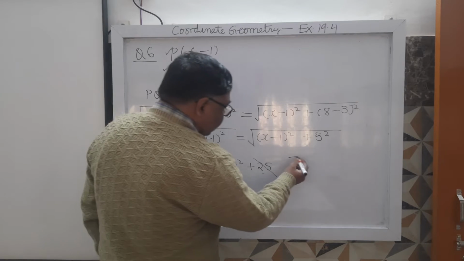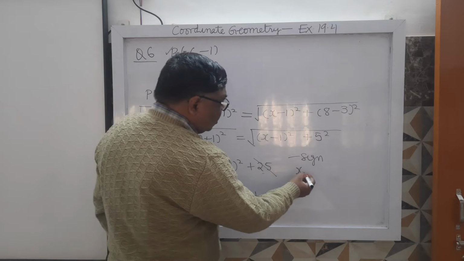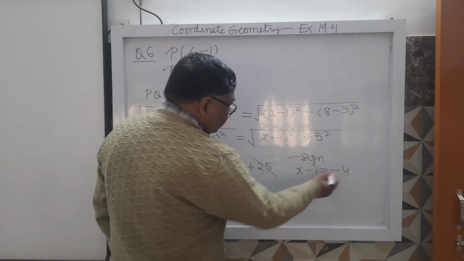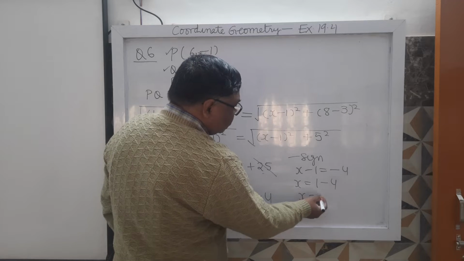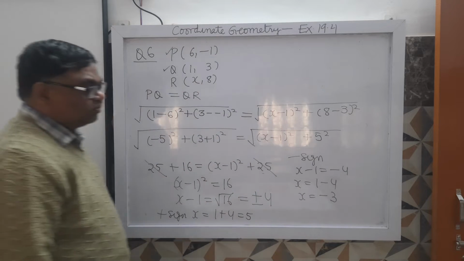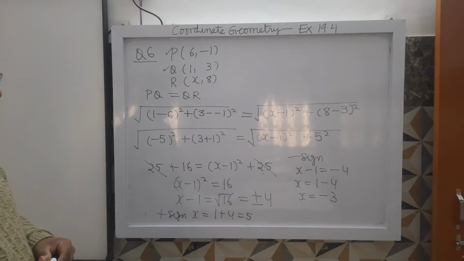When you take the minus sign, x minus 1 equals minus 4, so x equals 1 minus 4, so x equals minus 3. So here there are two values of x, one is minus 3 and another is 5.